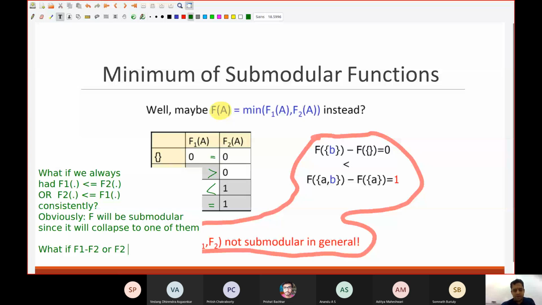Sorry. At B is okay, it's A. Is 0. Is 1. And F1 minus F2 of A comma B is 0. This is the problem. It's not monotone.